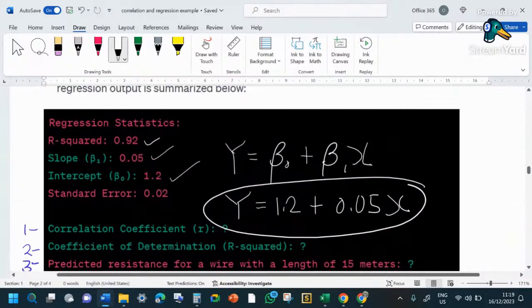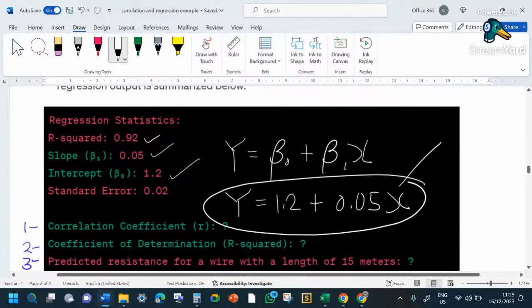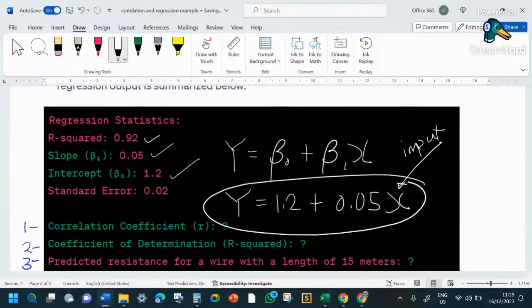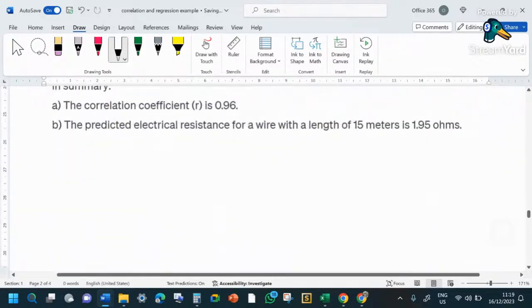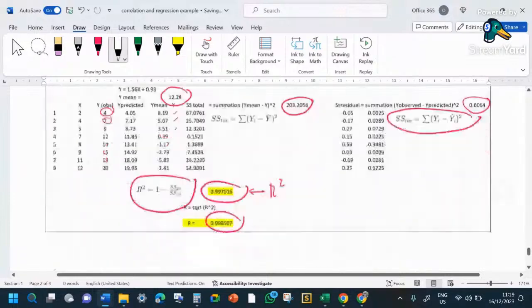You're going to input a value here and calculate y. Now, linear regression and correlation is specifically used to predict activities or predict what's going to happen after some time. So, let's now move to the prediction.